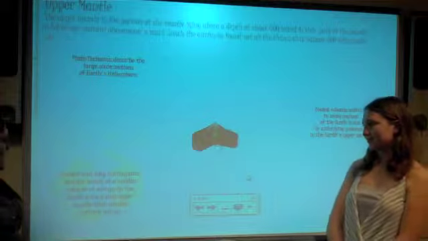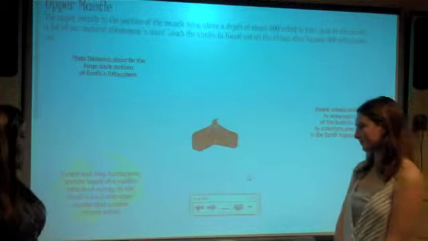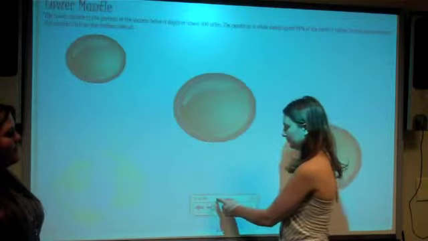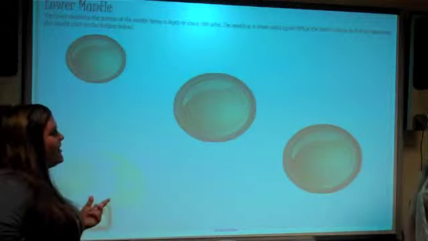Crustal and deep earthquakes are the result of a sudden release of energy in the Earth's crust and upper mantle that creates seismic waves. Seismic waves result in our earthquakes.